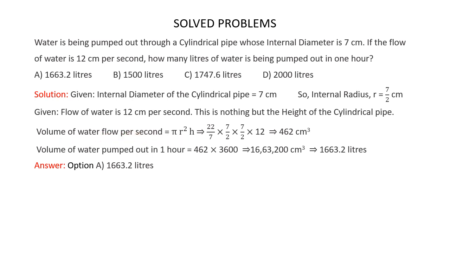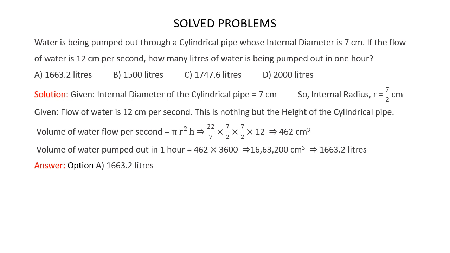Here pi is equal to 22 by 7, r is equal to 7 by 2 and h is equal to 12. Substituting all these values here, we get volume of water flow per second is equal to 22 by 7 multiplied by 7 by 2 multiplied by 7 by 2 multiplied by 12. On solving this, we get the volume of water flow per second as 462 centimeters cubed.